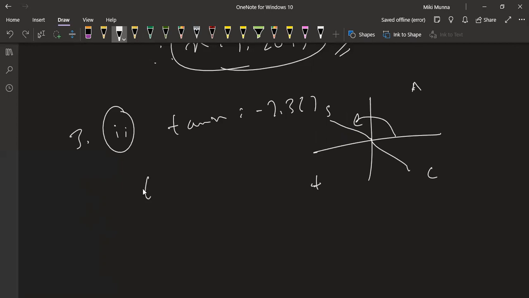So simply write tan x equals negative 2.367.